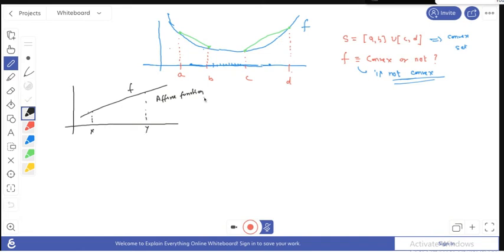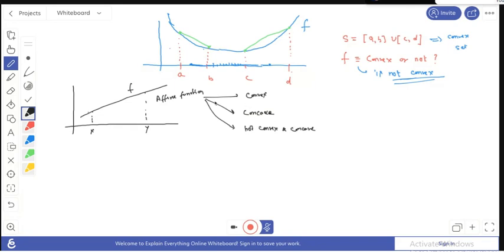Okay, so this affine function is convex or concave, या फिर दोनों नहीं है, neither convex nor concave. Okay, they are not convex and concave.